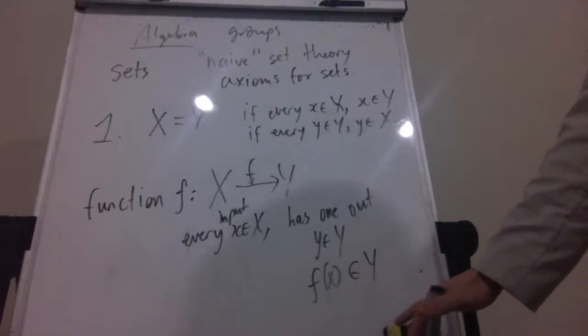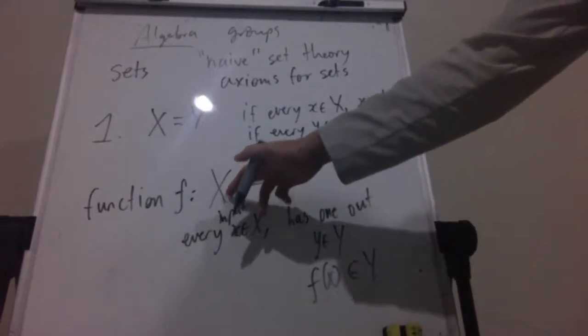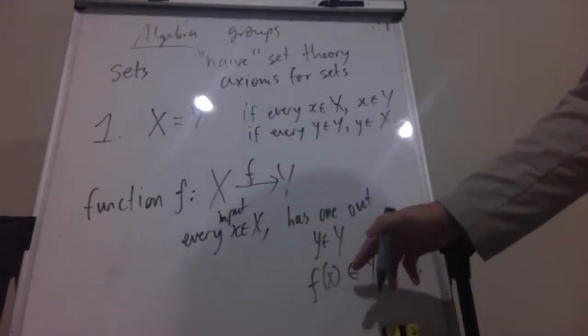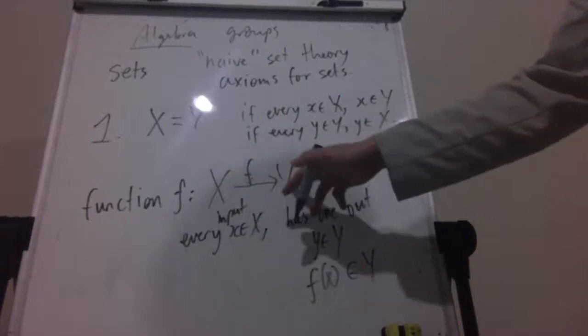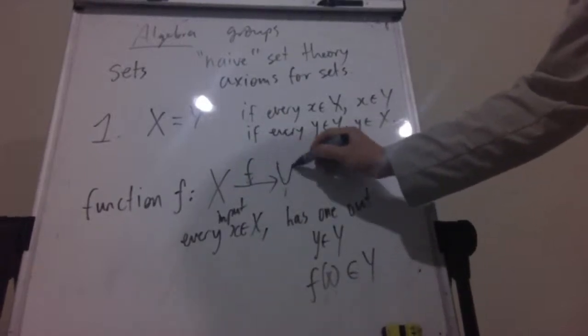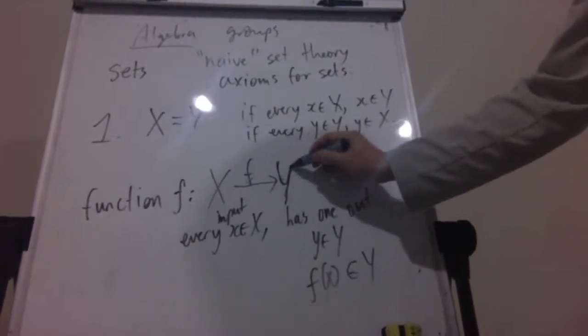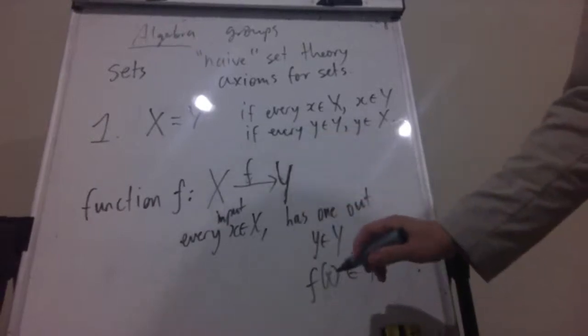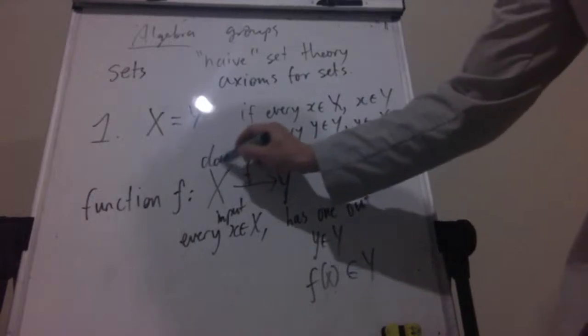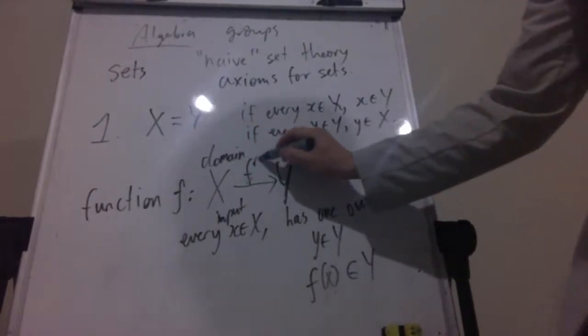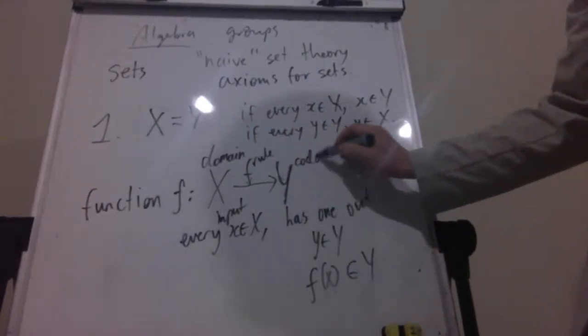So every input has to be taken care of, and every input has an output inside the set. You can't have two different outputs for the same input. This is called the domain, this is called the rule, and this is called the codomain.